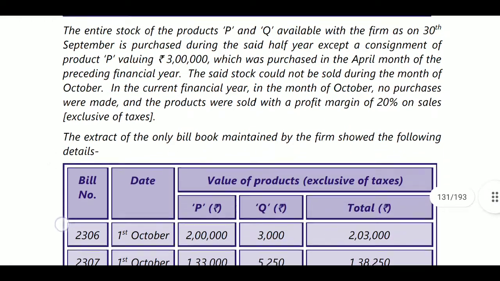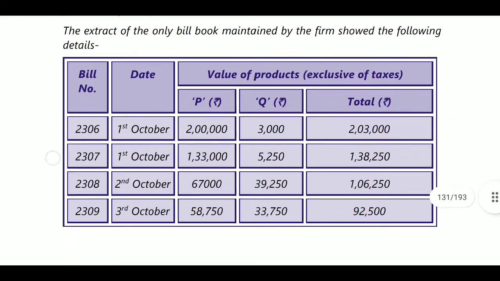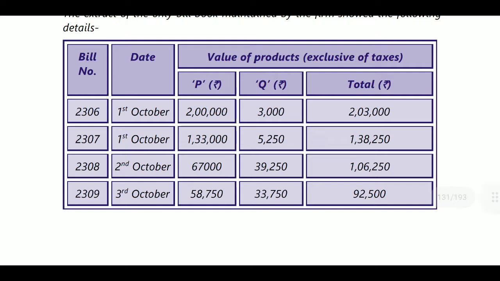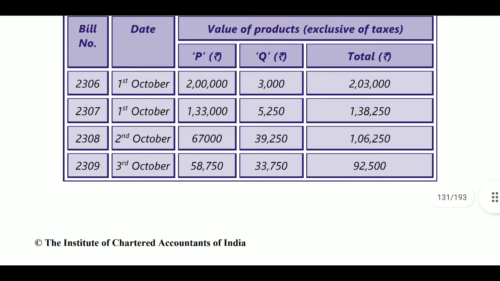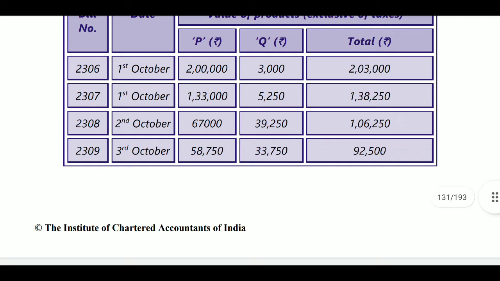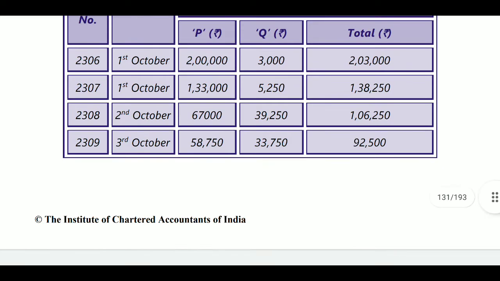Next, what they provided are their sales from October: 2 lakhs, 1 lakh 33, 1 lakh 33, it will become 3 lakh 33. Second, 67,000, and third, 58,750. I think on the 3rd of October it will cross, because 2 lakhs, 1 lakh, 3 lakhs 60, plus 730, it will become 4 lakhs and 58,000, 4 lakhs something.